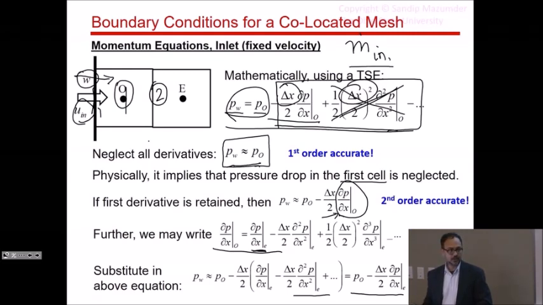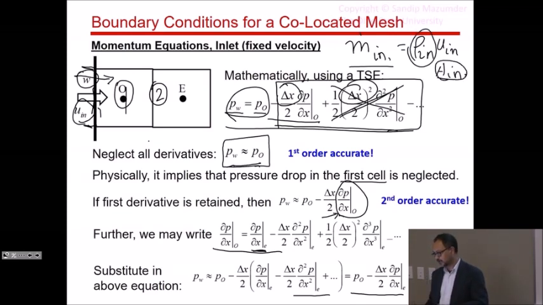Okay. But mass flow rate is nothing but rho in times U in times area in. So for this particular face, your area in is nothing but delta y. Rho in, if you're looking at an incompressible flow, for example, is a constant. We know that value.